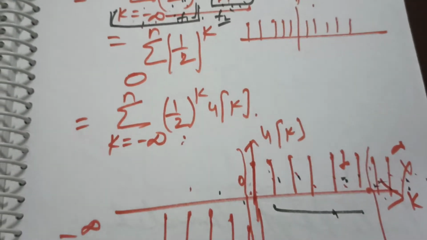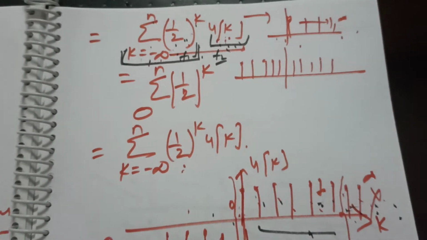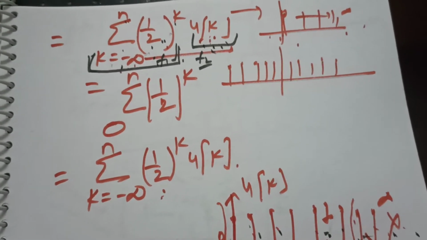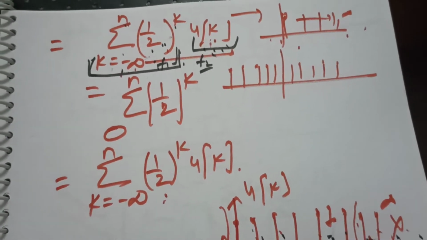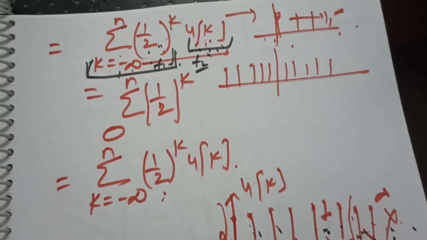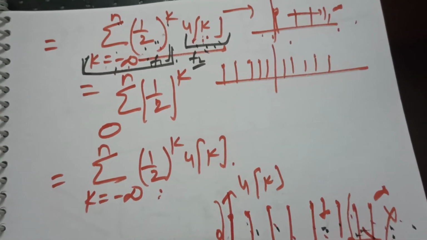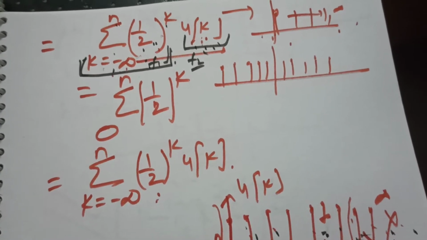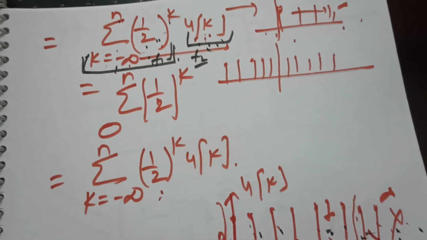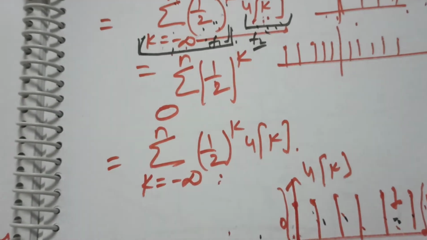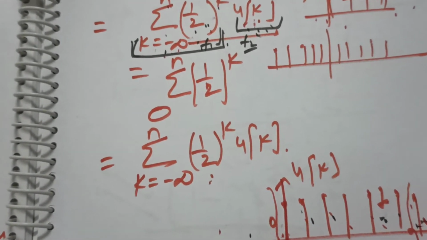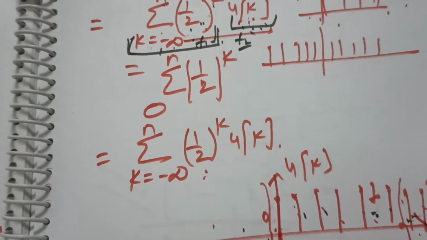So look at this. This is nothing but the summation for k equals minus infinity to n of (1/2)^k u[k]. Now nothing more is left. u[k] is a function that will vary from k equals 0 to n.